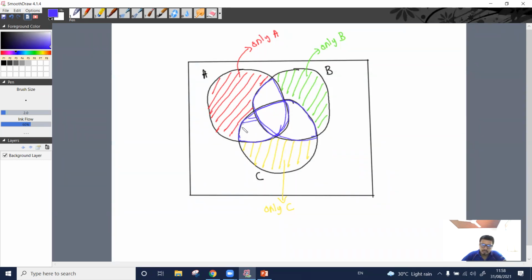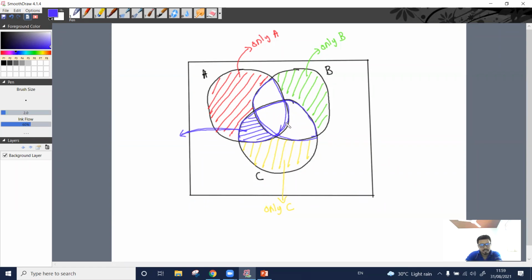I colored only this piece. What is this? What is this? A and C minus C. Yes. What?